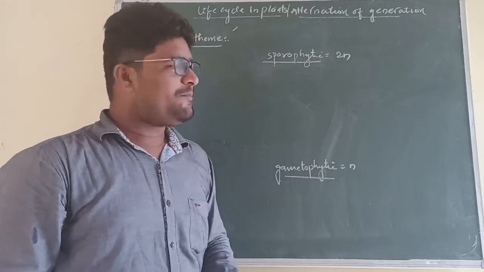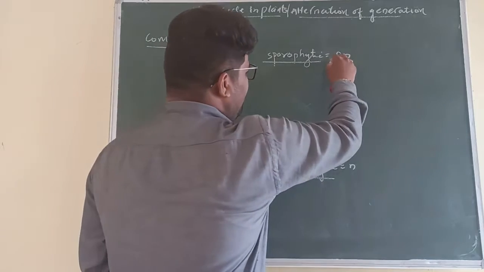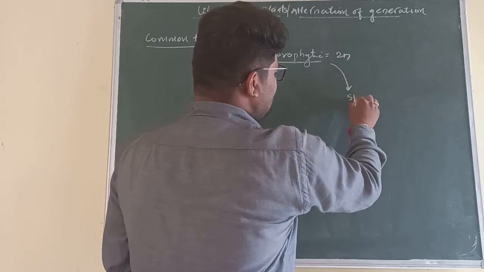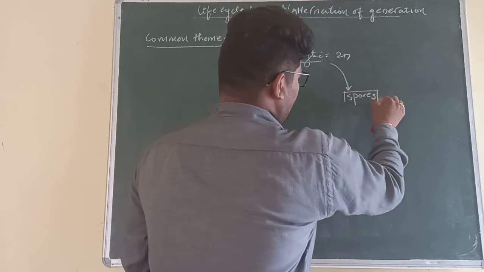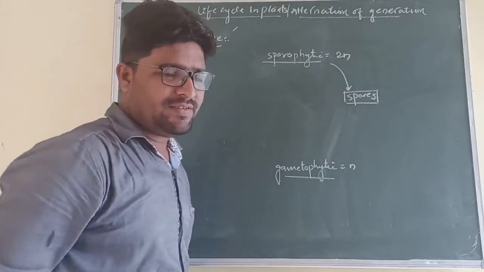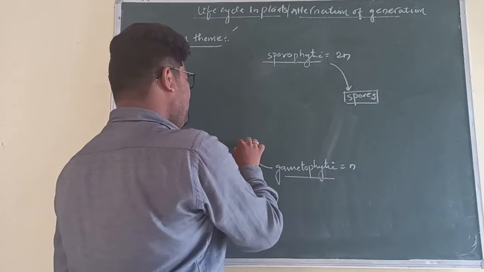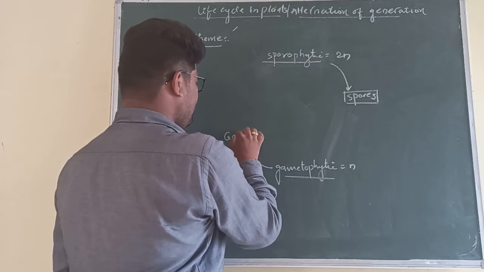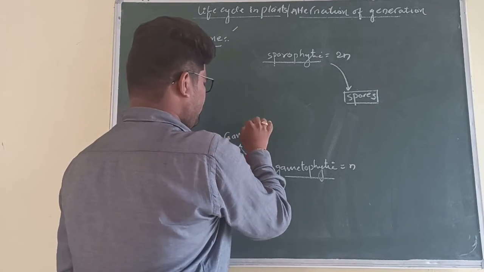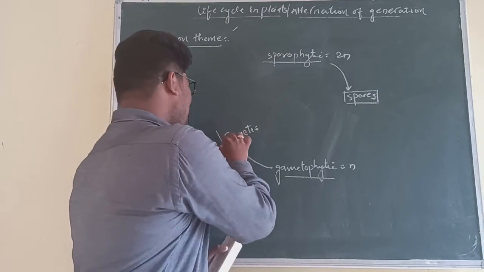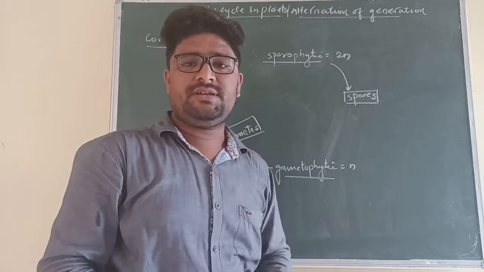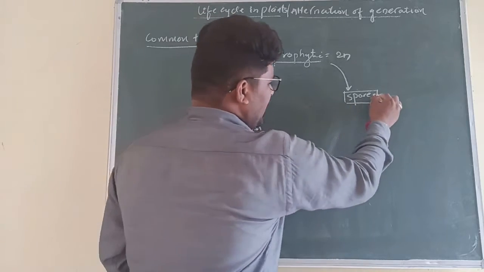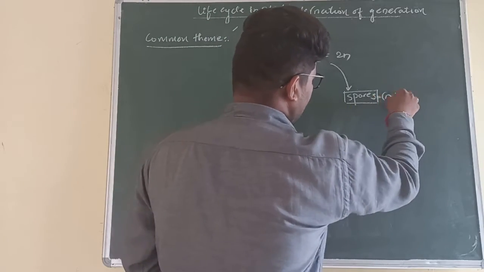This sporophytic generation always forms something, and that is known as spores. Whereas this gametophytic generation, or gametophyte, produces gametes. So spores and gametes are produced. Though this sporophytic generation is diploid, these spores are always haploid.